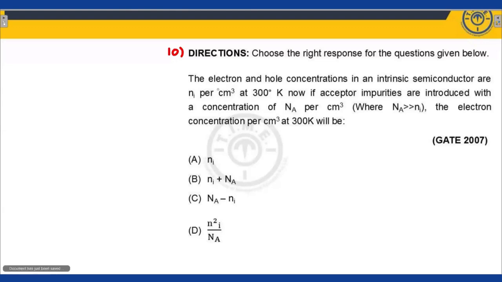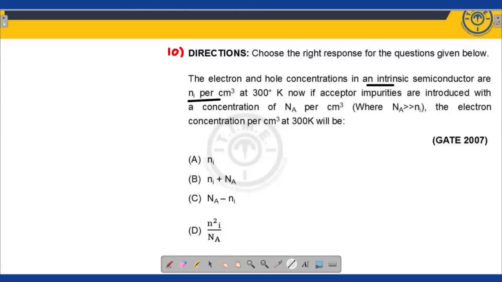The electron and hole concentrations in an intrinsic semiconductor are Ni per centimeter cube at 300 degree Kelvin. If the acceptor impurities are introduced with a concentration of Na, the electron concentration per centimeter cube at 300 degree Kelvin. At 300 degree Kelvin, my dear friends, what is this particular value? Those particular things are pretty important here.